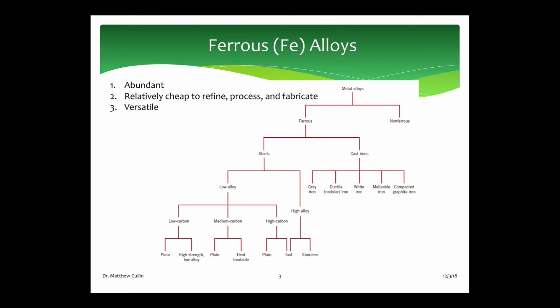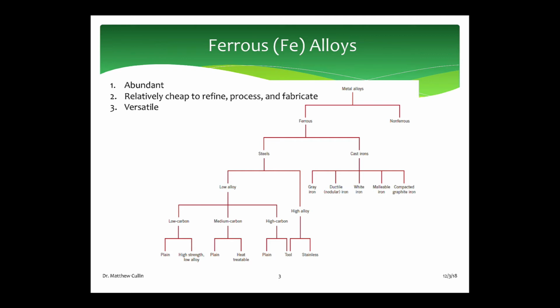We can break these down into steels, which have a little bit of carbon, and then cast irons that have a lot of carbon. And then within the subset of steels, we can talk about low carbon steels, medium carbon steels, and high carbon steels. Each one has their place and their usefulness.